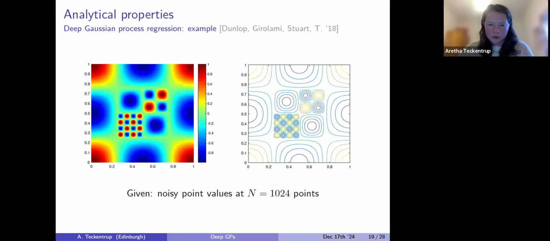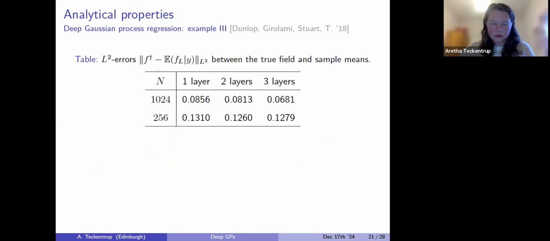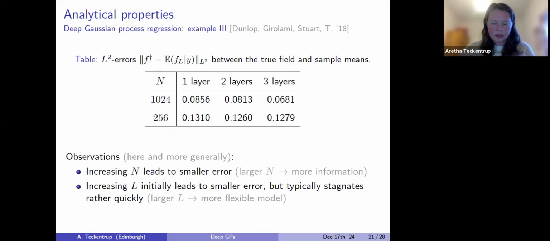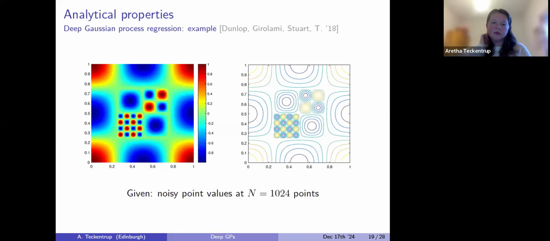I think I'm going to maybe skip this in the interest of time. Well, let me briefly go through it. So here we do have a regression example. This is the function f† that I'm trying to reconstruct.